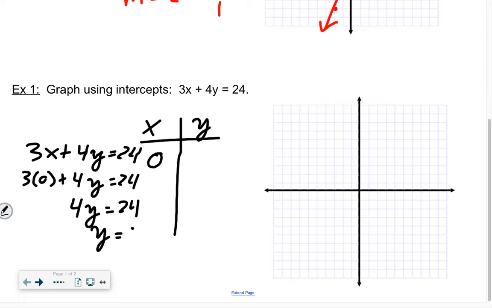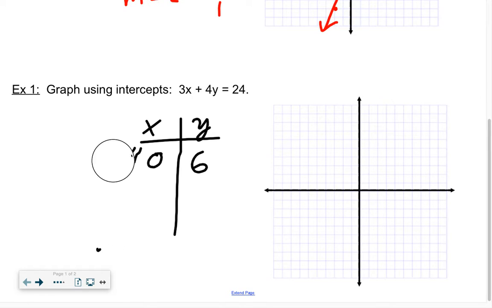Therefore, y is going to be equal to 6. We put that 6 right there. That's our first ordered pair to plot. Let's plot (0, 6), so 1, 2, 3, 4, 5, and 6. There's our first ordered pair that we found.